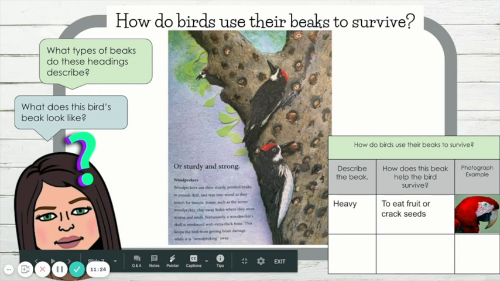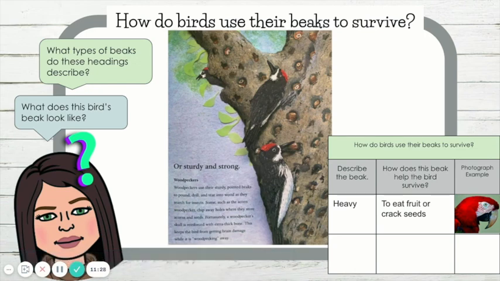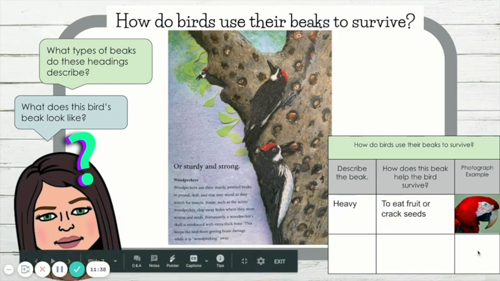Nod your head if you remember that. I'm thinking that today, since we learned about 3 new birds, the hummingbird, the eagle, and the woodpecker, we could add those birds to this chart, couldn't we? And we could describe their beaks, telling how they use their beak to survive.